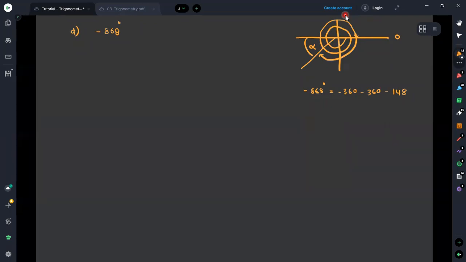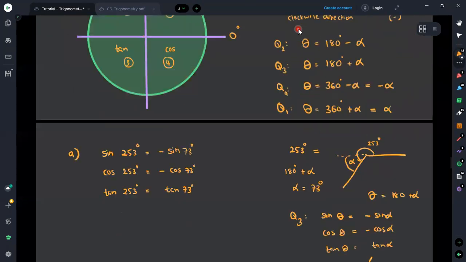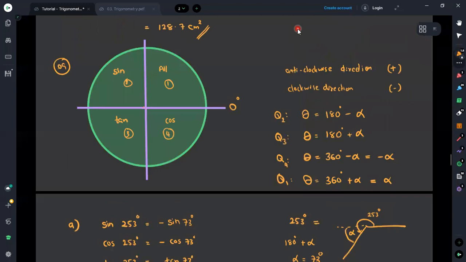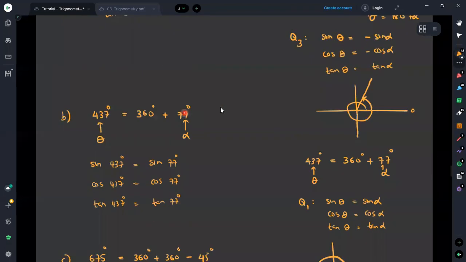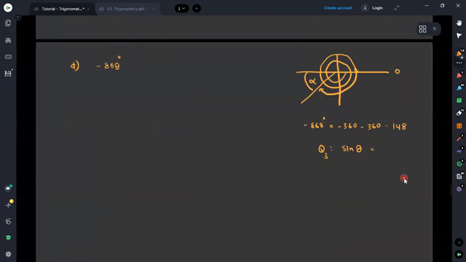In the third quadrant, we know that tangent will be the only positive trigonometric ratio.